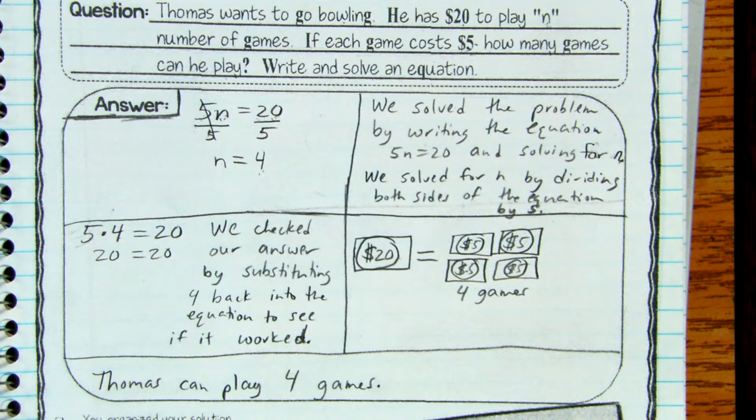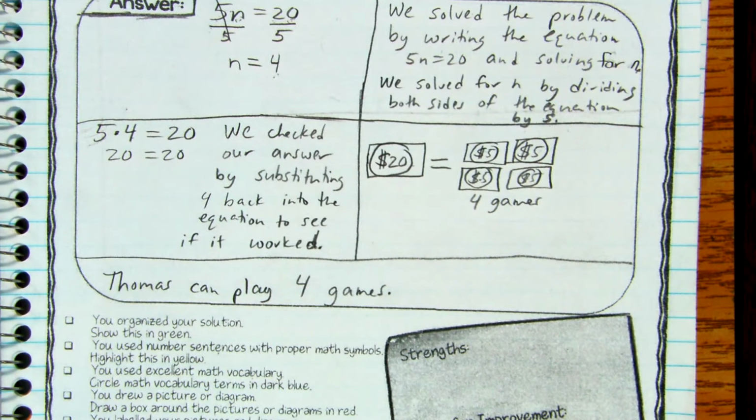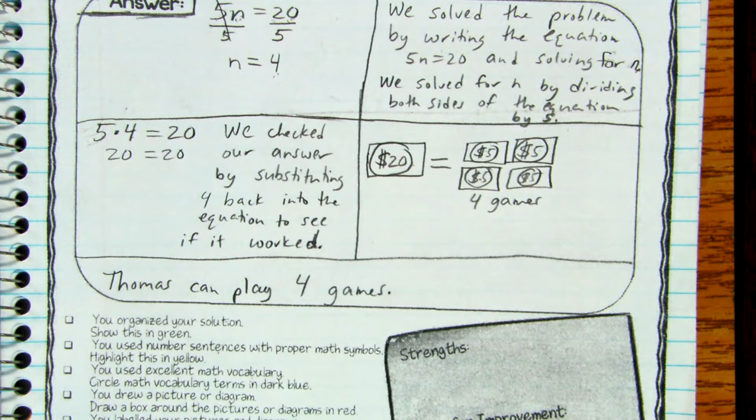So that's it. It does take a while. That's why we don't do these every day, but it helps us really think about the problem. Now, at the bottom, we're going to go through our steps and just check off everything and make sure that we didn't forget anything. So the first thing says, you organized your solution. Show this in green.